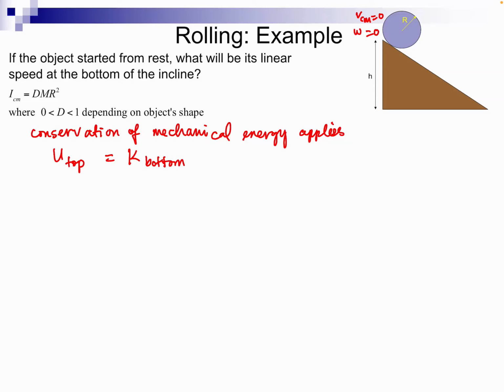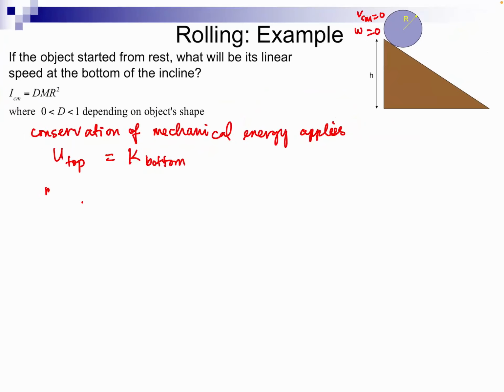The potential energy, regardless of whether translation, rolling or rotation, will always be mgh, with h the height of the center of mass. The total energy at the top is purely potential because your object is at rest. At the bottom, the object is rolling.